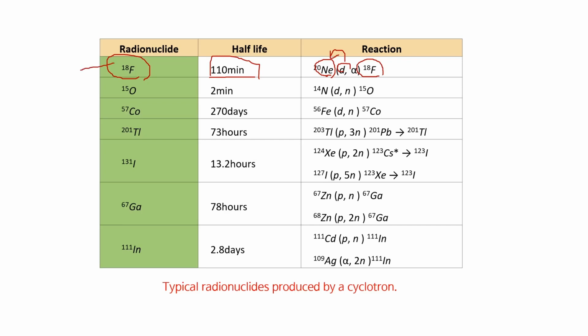This fluorine is selectively used in PET. Oxygen-15 can be obtained by bombarding nitrogen with deuteron. Its half-life is just 2 minutes.